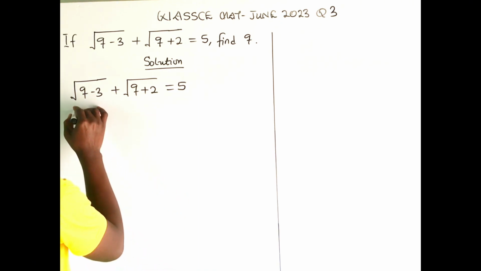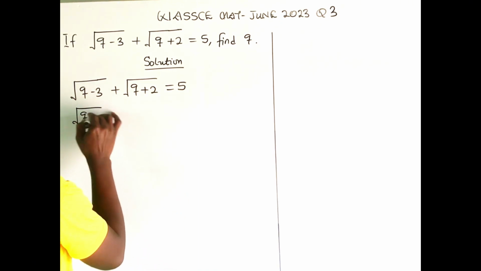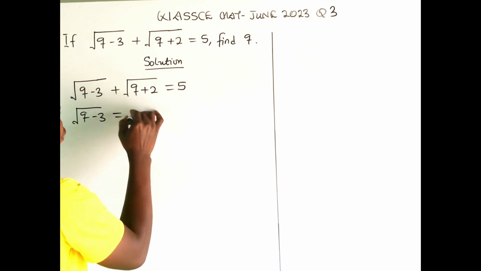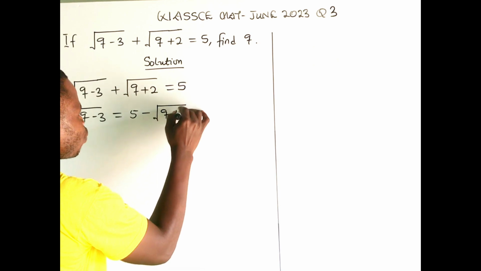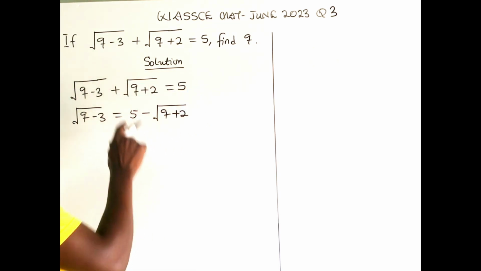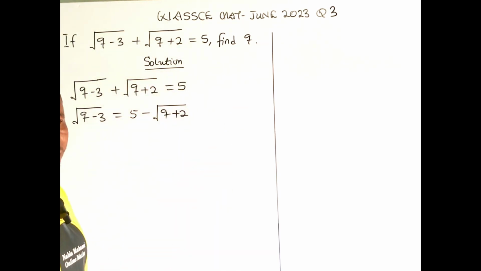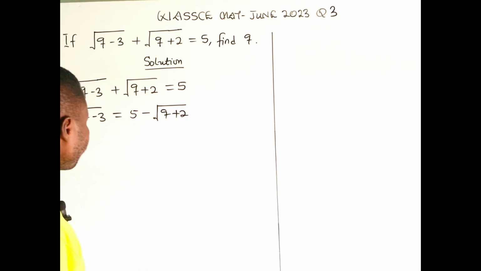So I can maintain square root of q minus 3, which is equal to 5 minus square root of q plus 2. I'm sending this one there. Since it is positive here, when it goes to the right-hand side, it will be negative. So that is the rearrangement that I'm talking about.